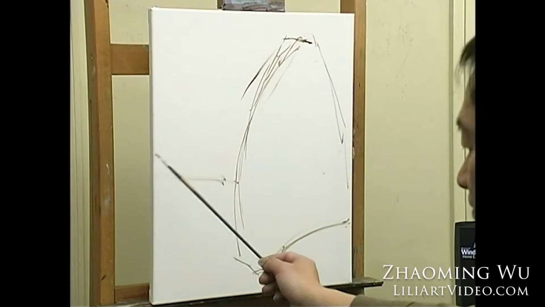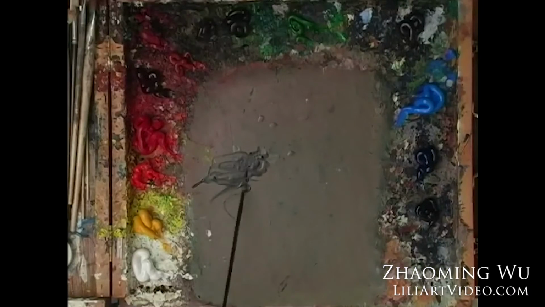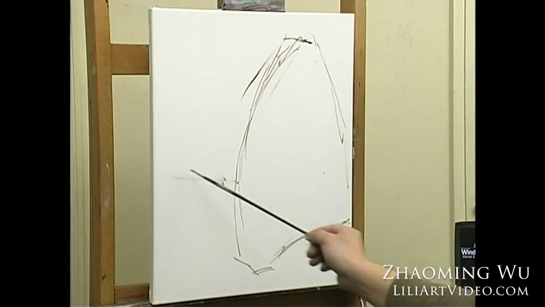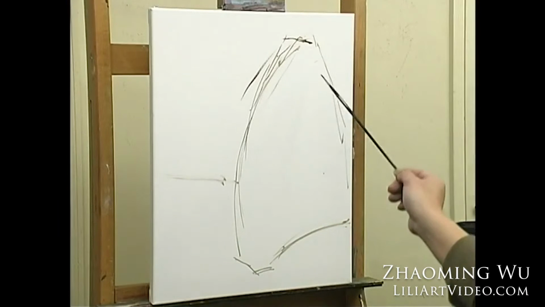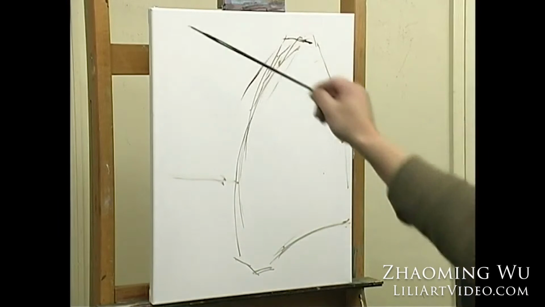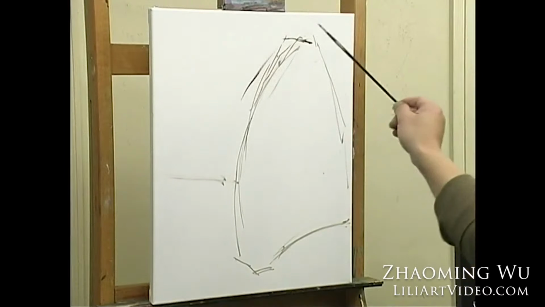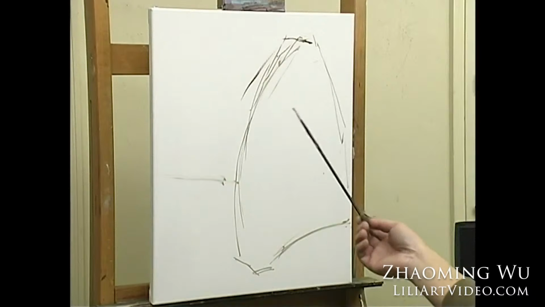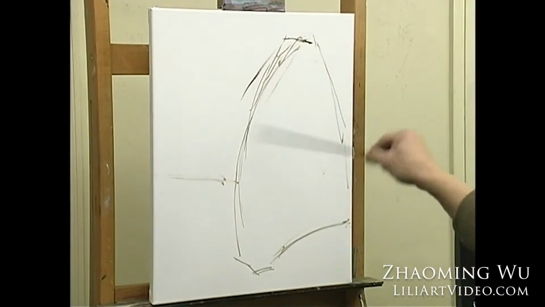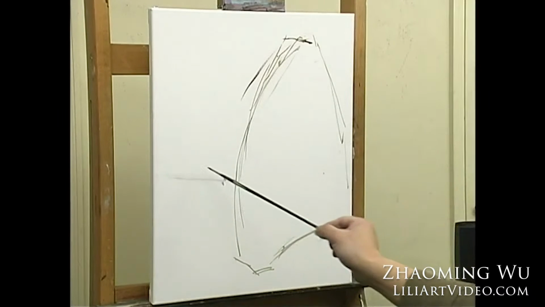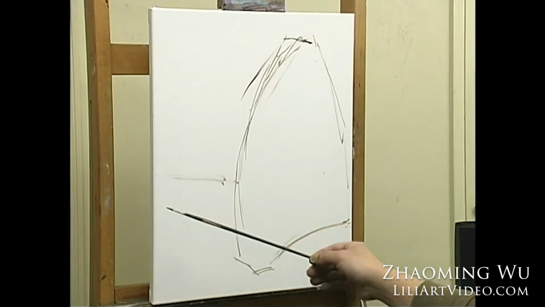Nothing detailed, but very much considering the shape, positive shape and negative space. That's how they're interacting, how they're working together, not just a figure. So this, I would like to say, is the concept of the design.